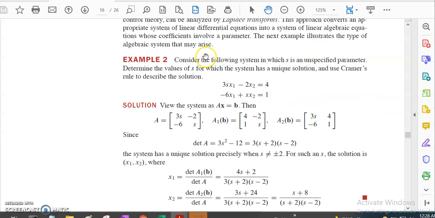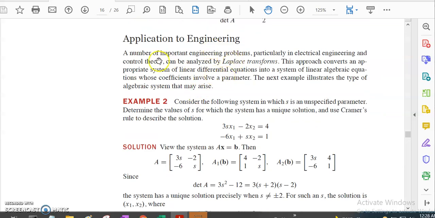Why are we solving our system of equations this way? Because they say that for a number of important engineering problems, particularly in electrical engineering and control theory, when they can be analyzed by Laplace transform, this approach converts a linear differential equation into a system of linear equations with coefficients involving a parameter.